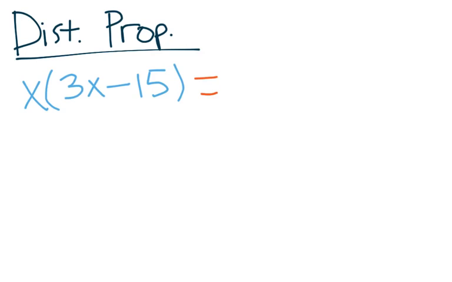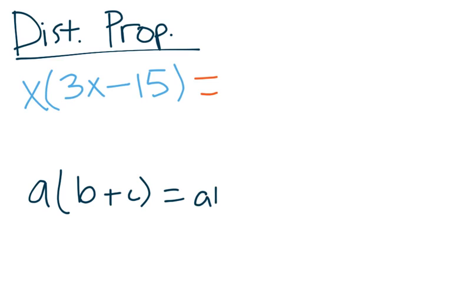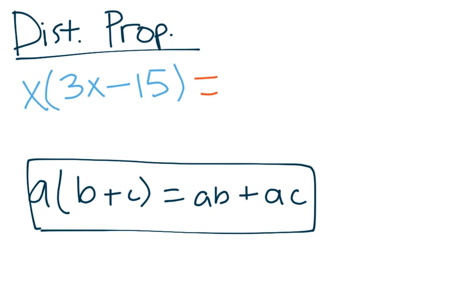That is that if I've got A times B plus C, that's the same thing as A times B plus A times C. So if I do that with the example problem I have above, I've got x times 3x minus 15.